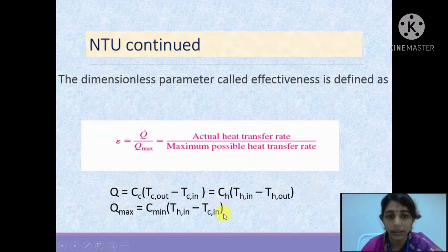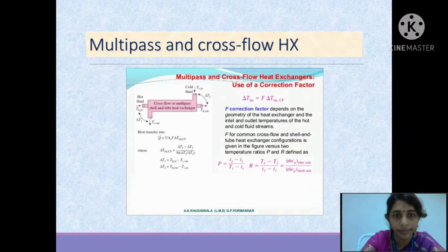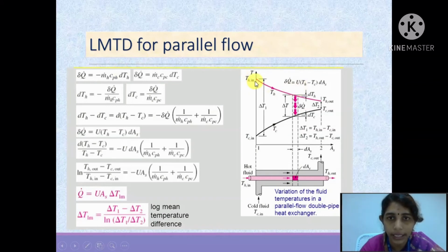The next is the maximum possible heat transfer rate. When can we say that the heat transfer is maximum? We can say it is maximum when the TH inlet is able to lose heat up to a temperature which is equal to TC inlet. Looking at this, you can see the TH inlet and this is the TH outlet, but it can lose temperature only up to this limit, but the maximum possible is TC inlet.